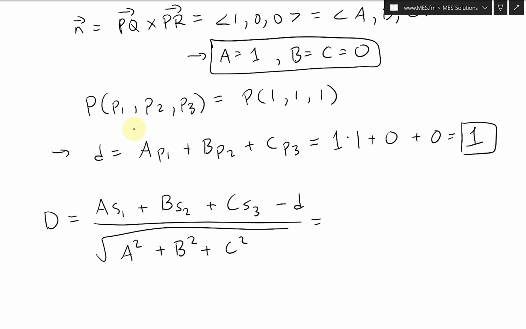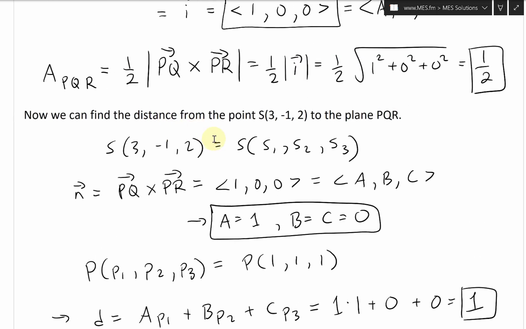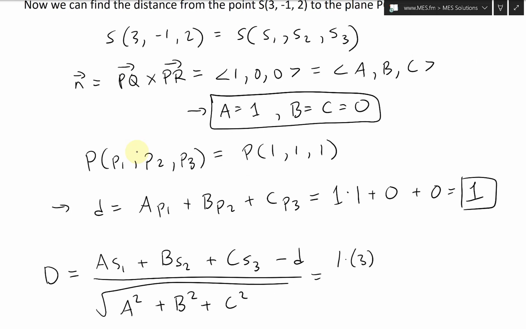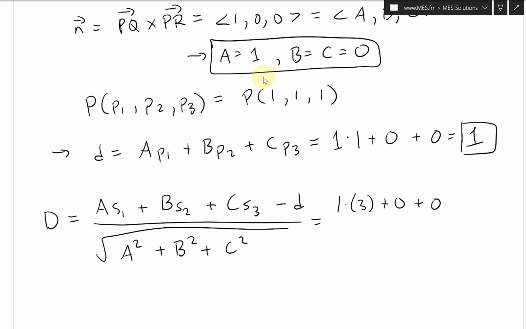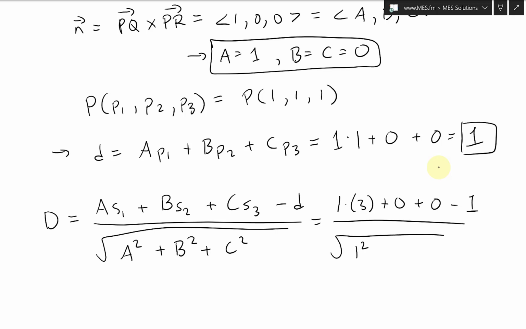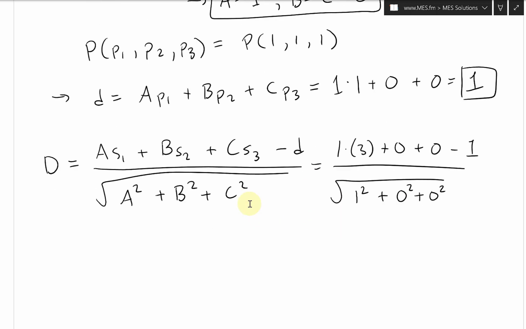This equals, A is just 1 times S1 is 3, plus B is 0, plus C is 0, minus D. D is just 1. And then divide this by the square root of A squared, which is 1 squared, plus all the others which are 0 squared. So in other words, all we get is 3 minus 1 over 1, because this is just 1 squared and then square root. This equals 2. So the length is 2.